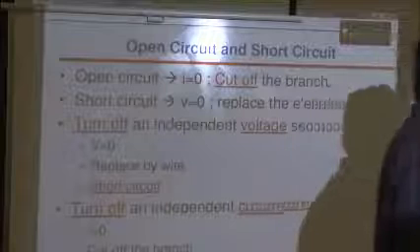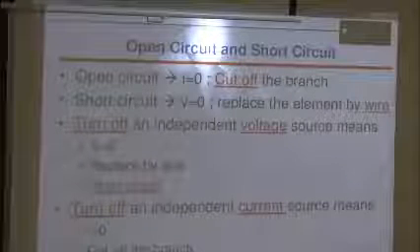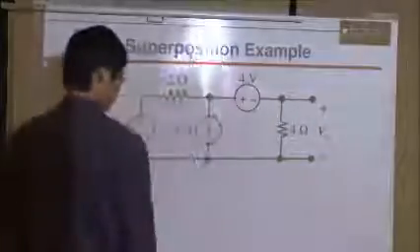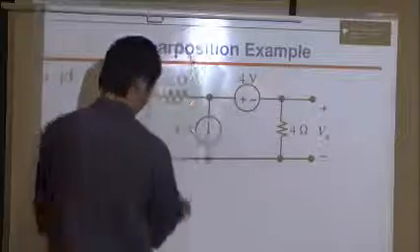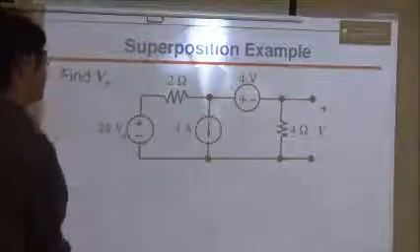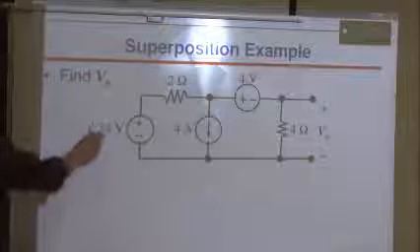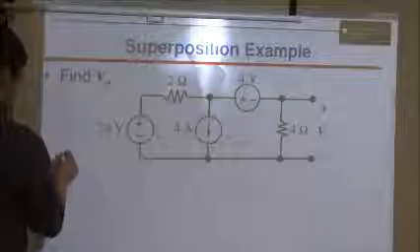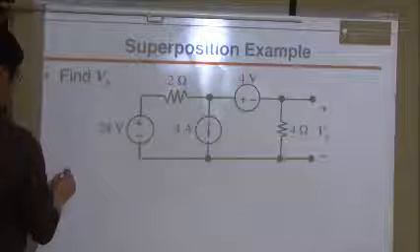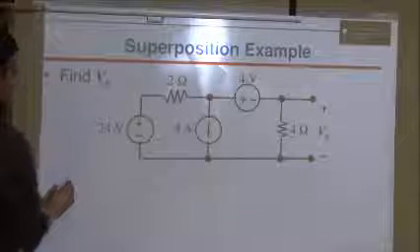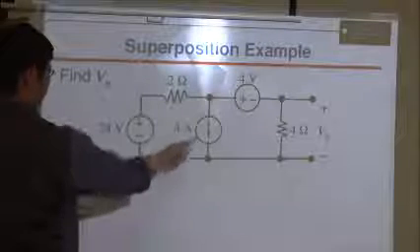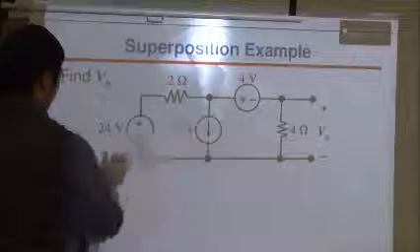So now let's see how we can get rid of each one, the sources one by one. We're interested in how much the 24 volt will contribute to VO. So we draw another circuit. You have 24 volt, then the 2 ohm. We want to get rid of the influence of the current source, so we leave it open.